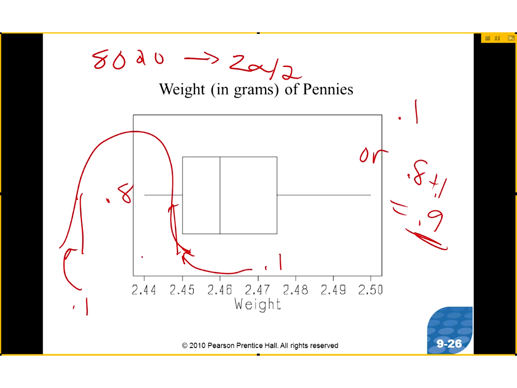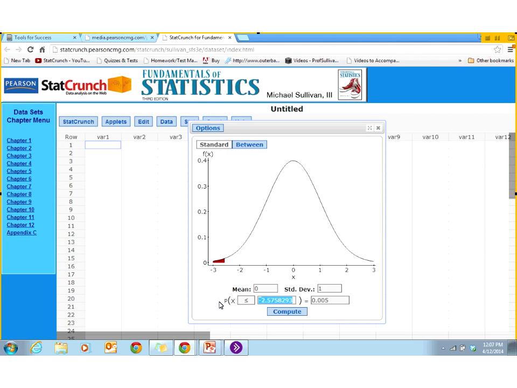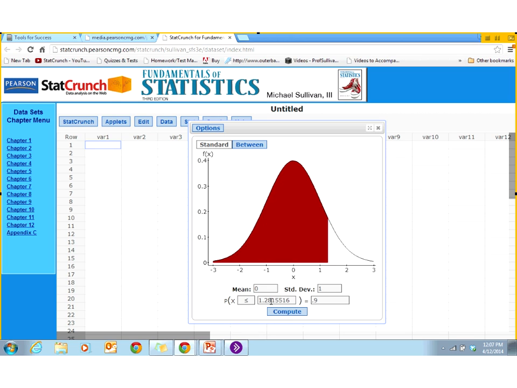Back in StatCrunch, I put in 0.1 and compute: negative 1.28. So my z of alpha over 2 would be 1.28. And if I look at it the other way, 0.9 gives 1.28. That would be fine to use.